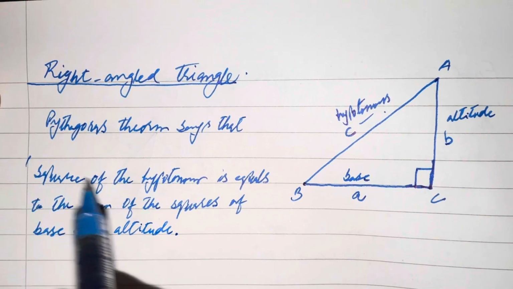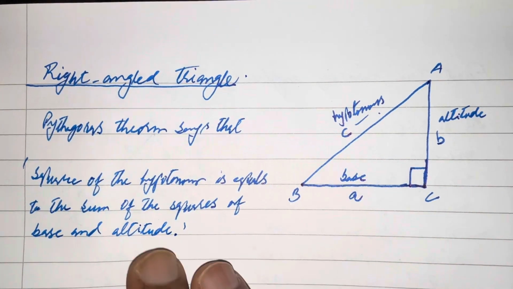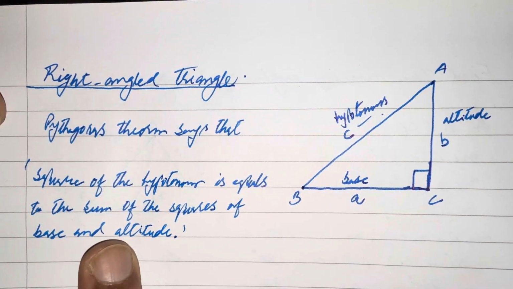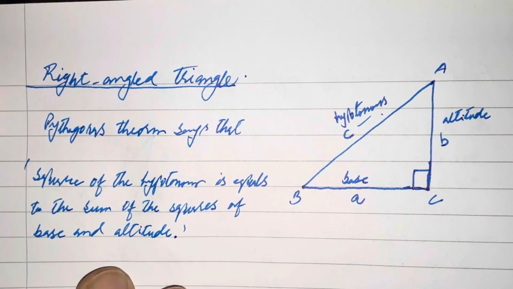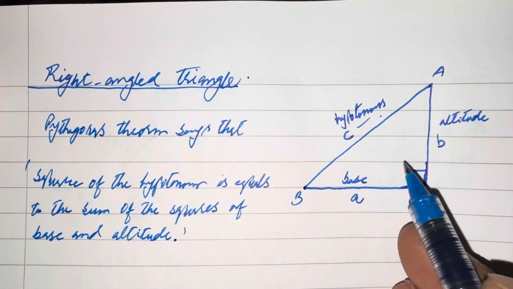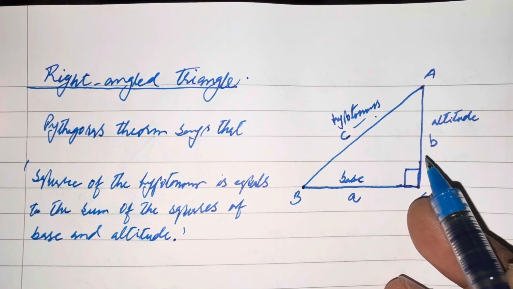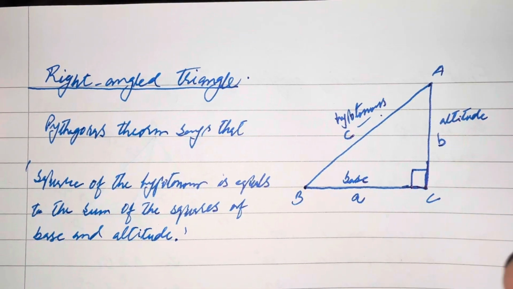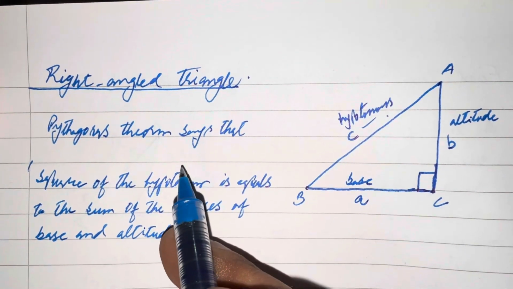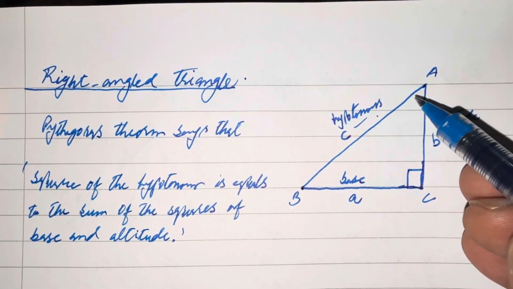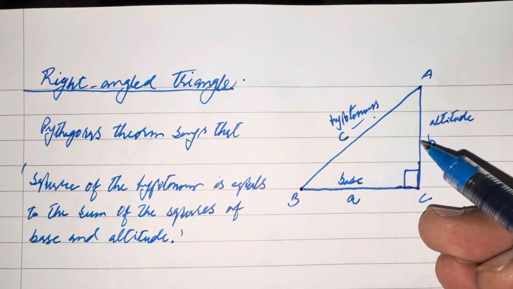That's the definition of the Pythagoras theorem that we have to understand and learn, and we have to keep this statement always in our mind while we are doing these kinds of questions, or while solving the right angle triangle, or finding the sides of the right angle triangle. Square of hypotenuse will be equal to the sum of squares of base and altitude.